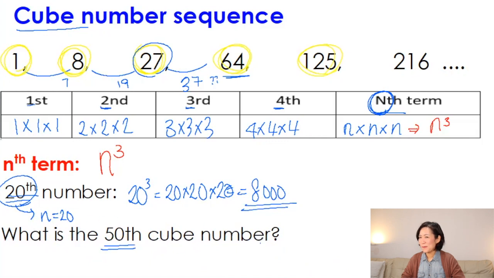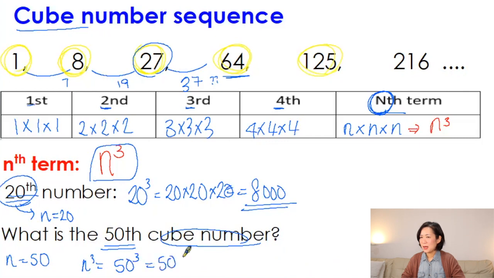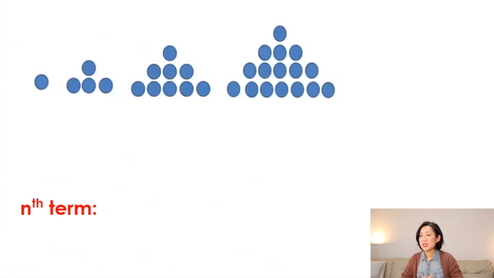Please use our formula, n cubed, and for the 50th number your n equals 50, right? Just put 50 inside the formula. So n cubed means 50 times 50 times 50. So 5 cubed is 125, and that gives you 125,000.